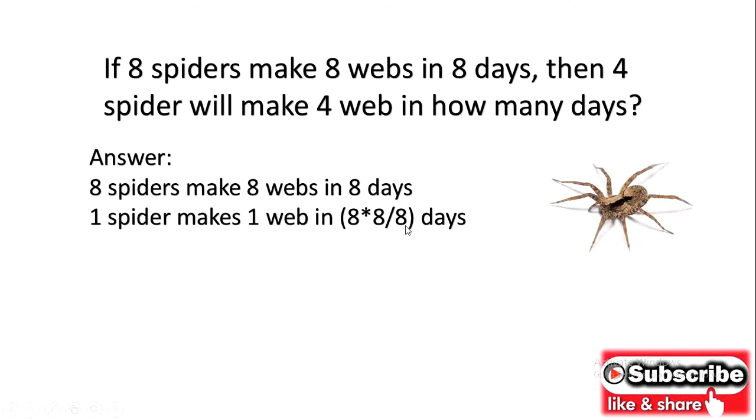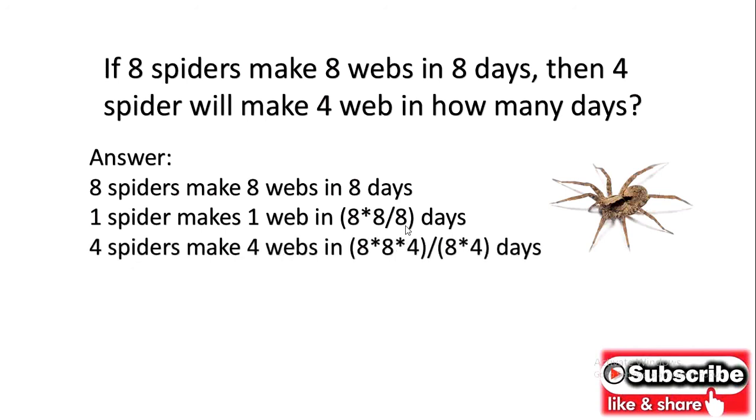So according to the rest of the question, 4 spiders will make 4 webs in how many days? In comparison to one spider, 4 spiders will take fewer time to make one web. So 4 will be the denominator.